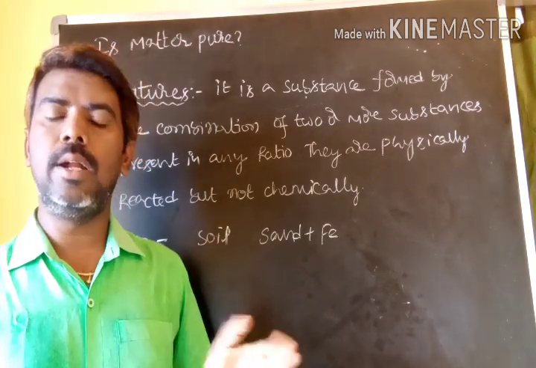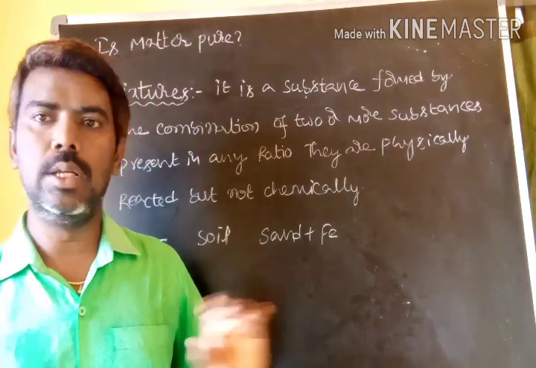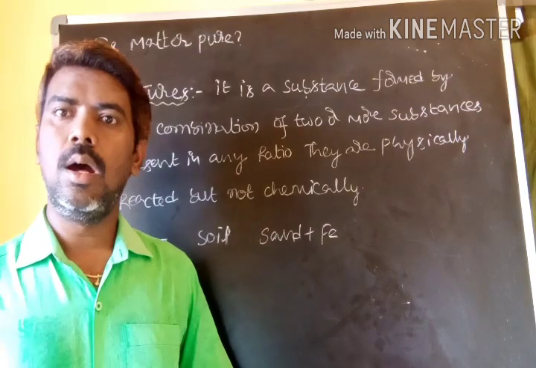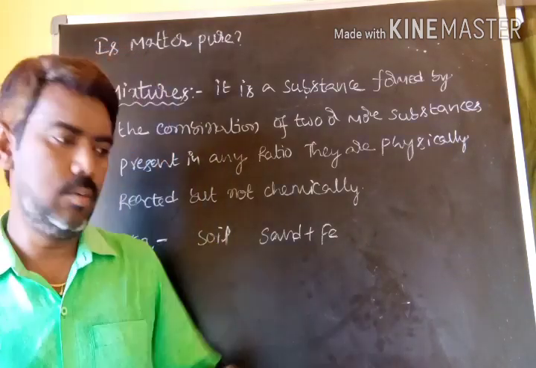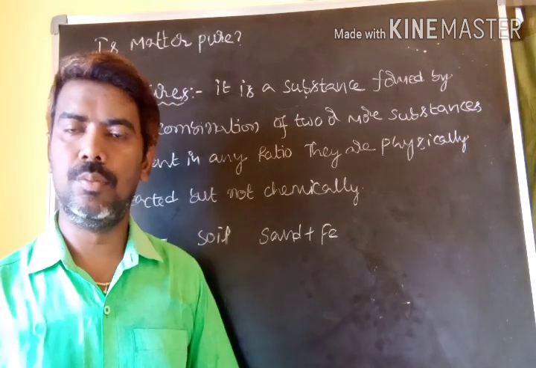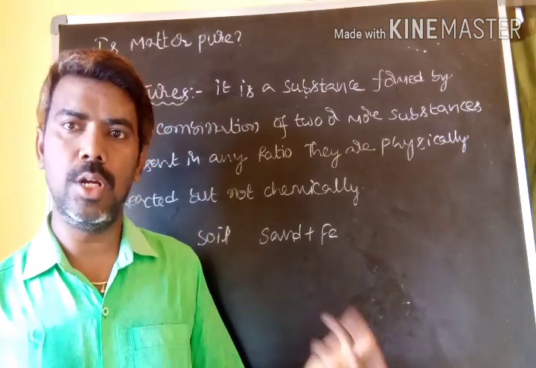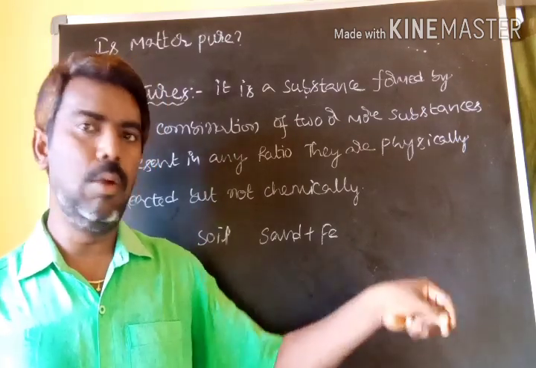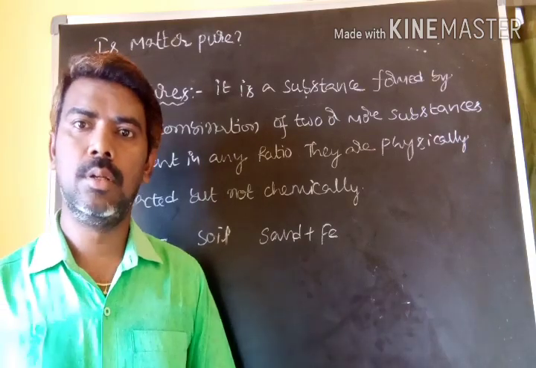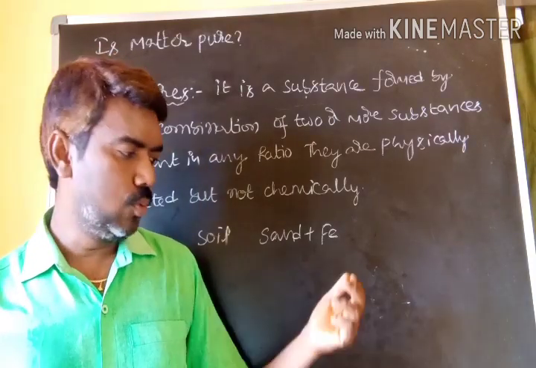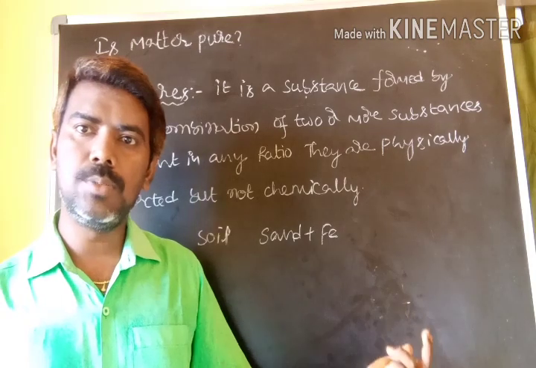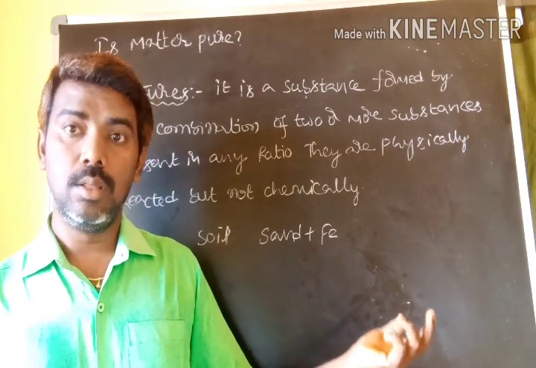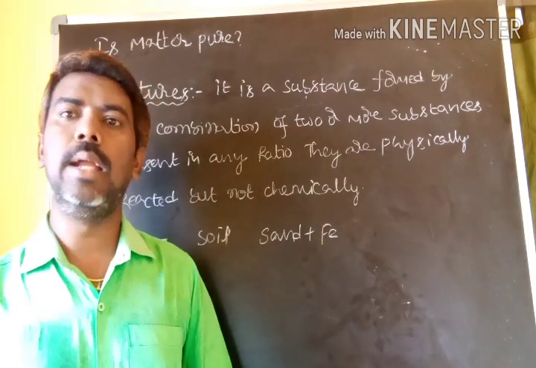After crushing the sand and iron particles, I take a magnet and rub it on the crushed mixture. Again, the iron filings present in the crushed mixture are attracted by the magnet.